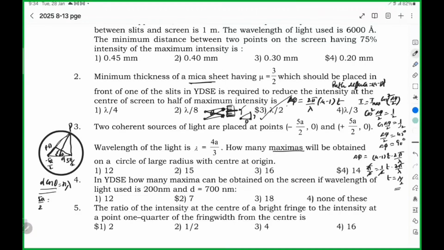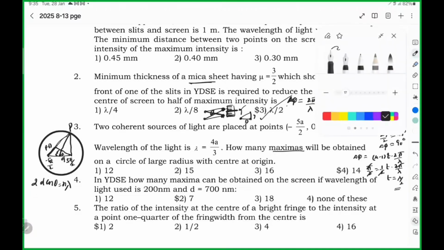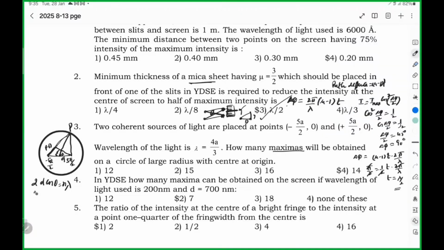In fact, what we want is 2d cos theta, which here is 5a cos theta. N lambda will be 4a by 3. Cos theta is 4n by 15.